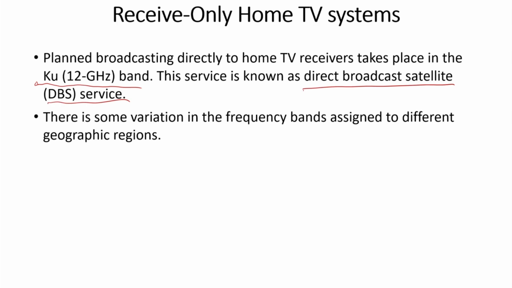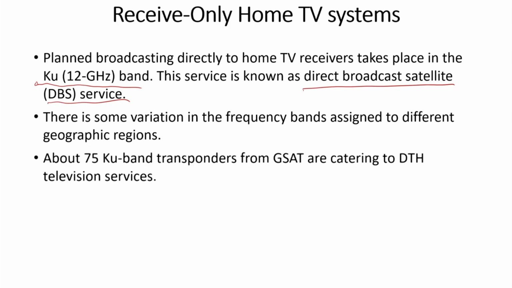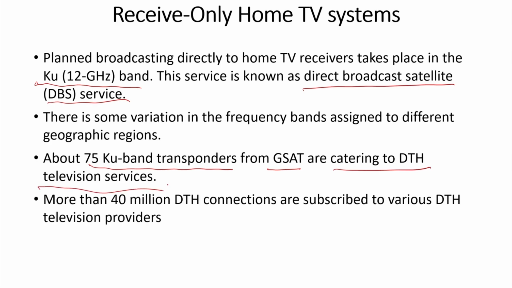The frequency bands of the DBS satellite service vary depending on the geographic region, and about 75 Ku band transponders from the different GSAT series of satellites cater to DTH television services. More than 40 million DTH connections are subscribed to various DTH television providers.